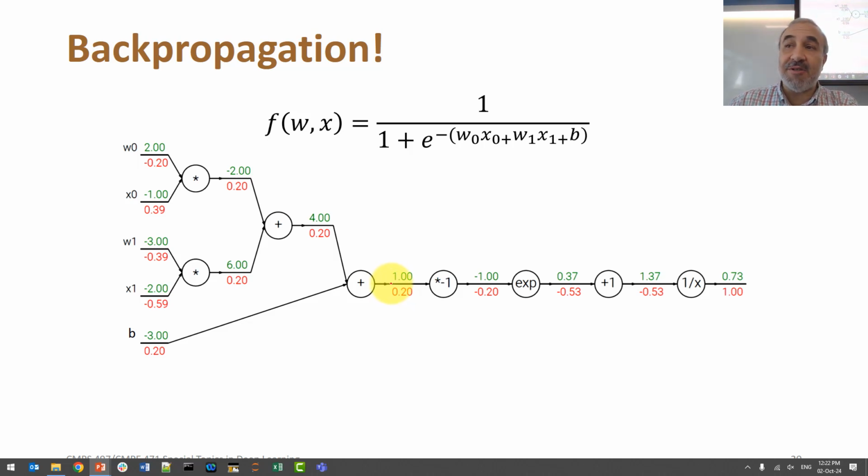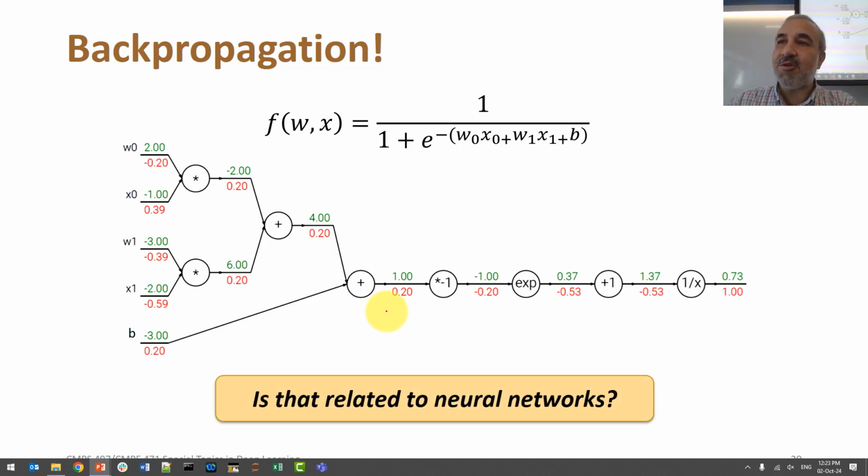Now the green values are the computed values, and the red ones are the actual derivatives. Okay, df by this variable with respect to this variable. Okay, any questions? Is that related to neural networks?